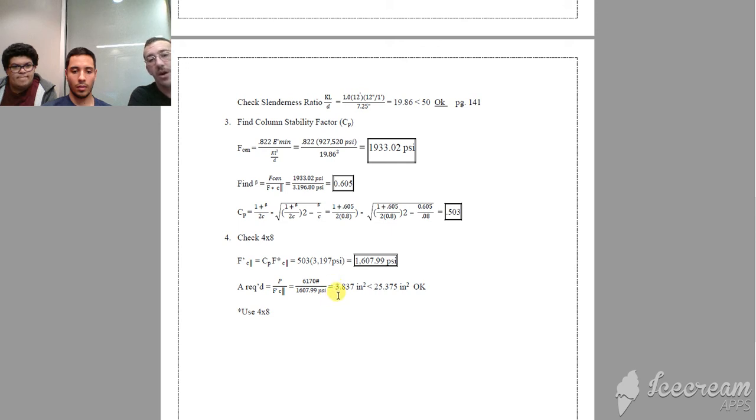So if you take a look here, our area required that we found was 3.837 inches squared, and in the book we have an area given of 25.375 inches squared. This is a major overkill on the member itself, and we think that after iteration we can find a value engineered member, but based on this we know we can move down from 4x8 but stay above 4x4.